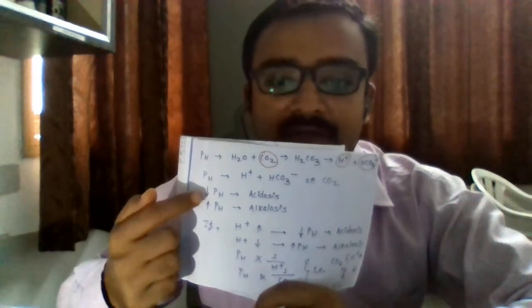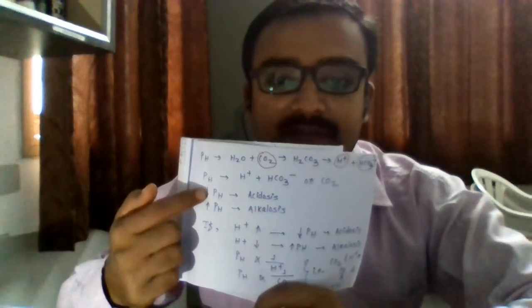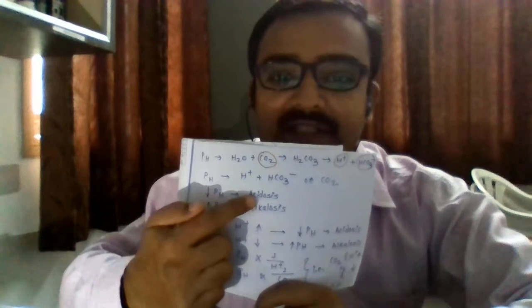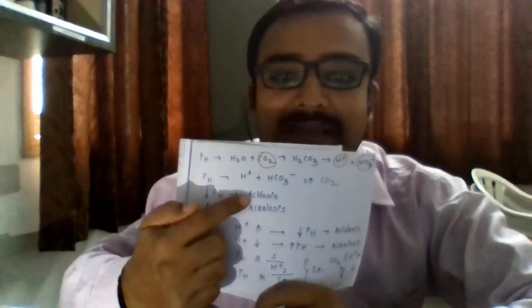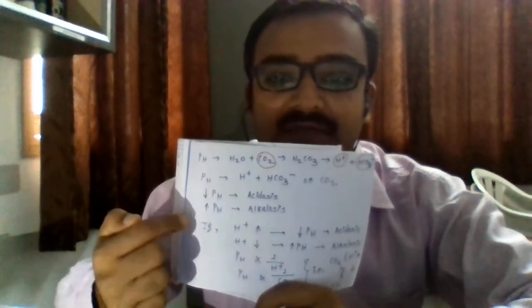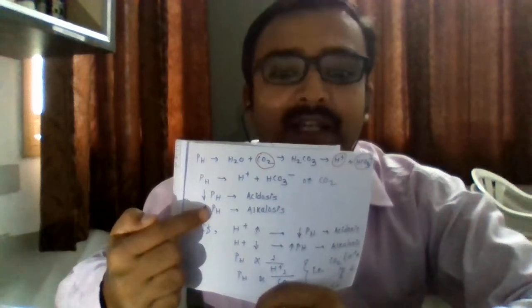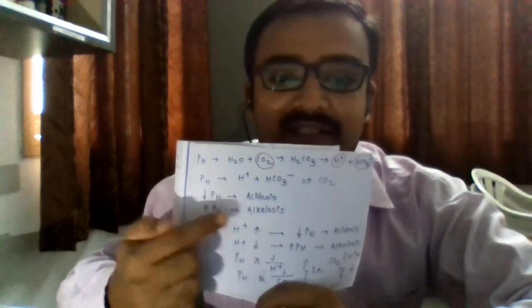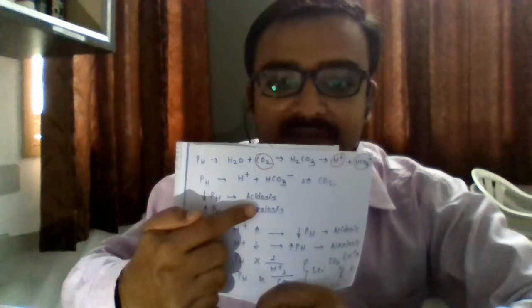We know if pH decreases, it results in a clinical condition named acidosis, whereas if pH increases, it results in a clinical condition named alkalosis.